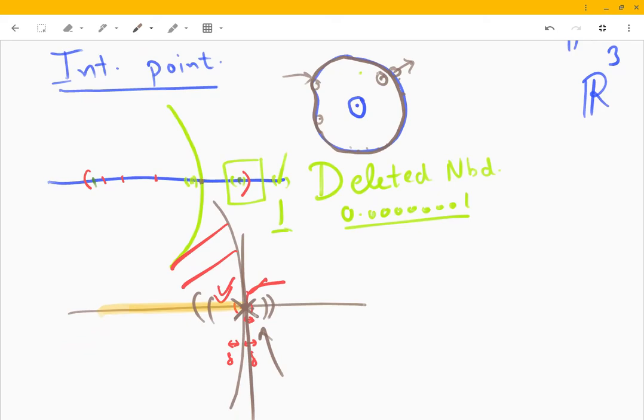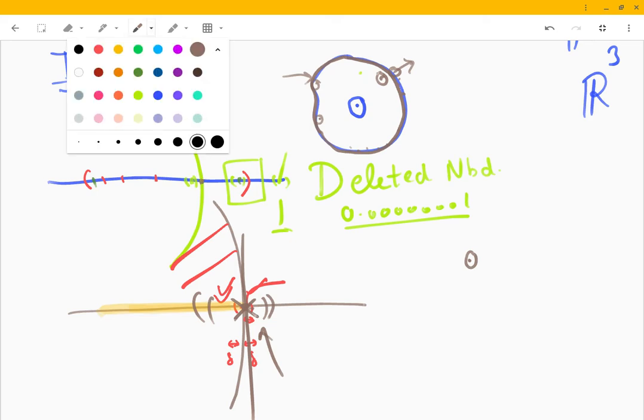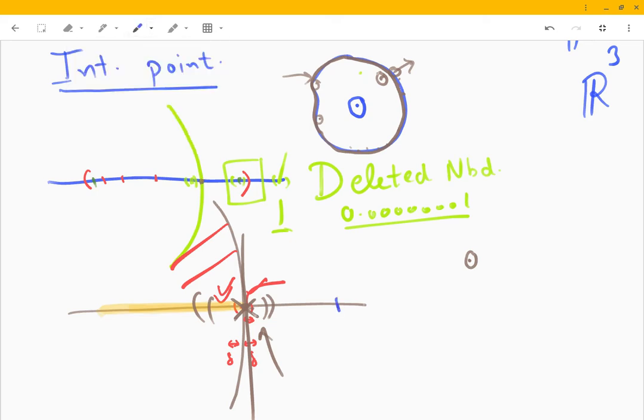So the point whose entire neighborhood lies inside the set is an interior point. Similarly, a point whose entire neighborhood lies outside the set is an exterior point. So a point outside the set, whose entire delta neighborhood is outside the set, will be an exterior point.